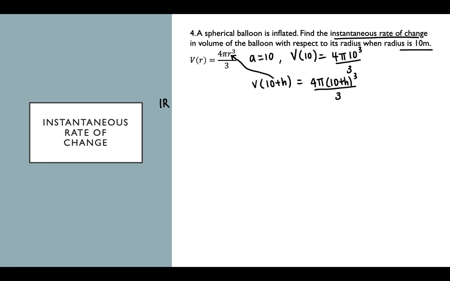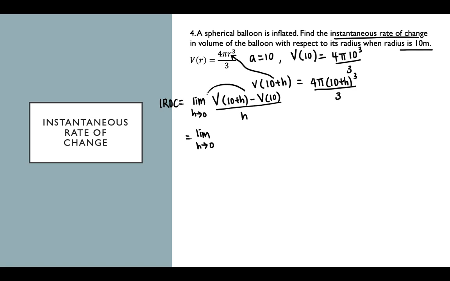So instantaneous rate of change is equal to limit h approaching 0, volume at 10 plus h, minus volume at 10, my radius, over h. So I'm going to input my volume.